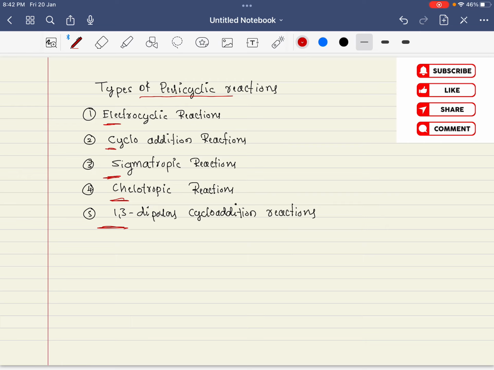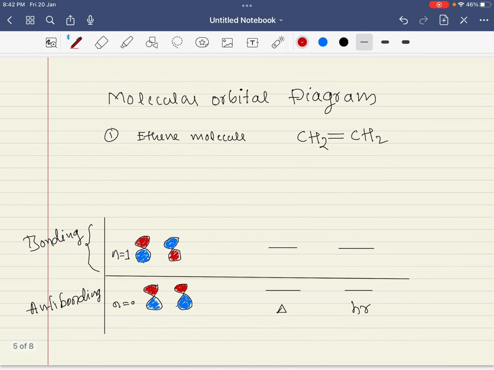Before studying these things, we should know some basics like molecular orbital diagrams. These are very essential to understand pericyclic reactions. First, we'll understand by taking an example of the ethene molecule. You know that the molecular formula is CH2 double bond CH2.